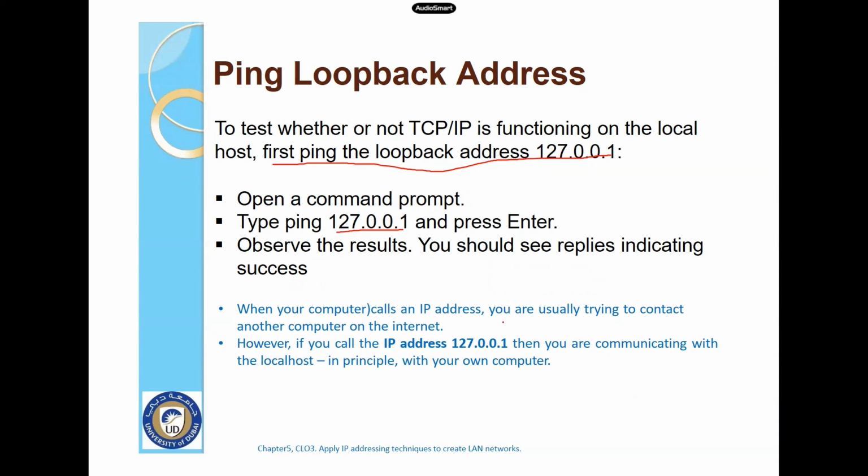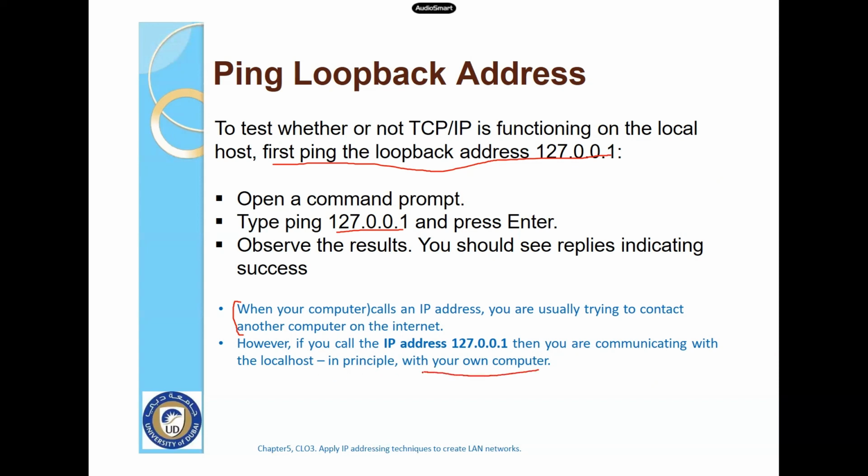When your computer calls an IP address, you are usually trying to contact another computer on the internet. So if, let's say, you ping google.com, it will give you a response. But if you want to check that your computer itself is connected to the network and has no issues, ping this address, and then you are communicating with the local host, in principle your own computer.